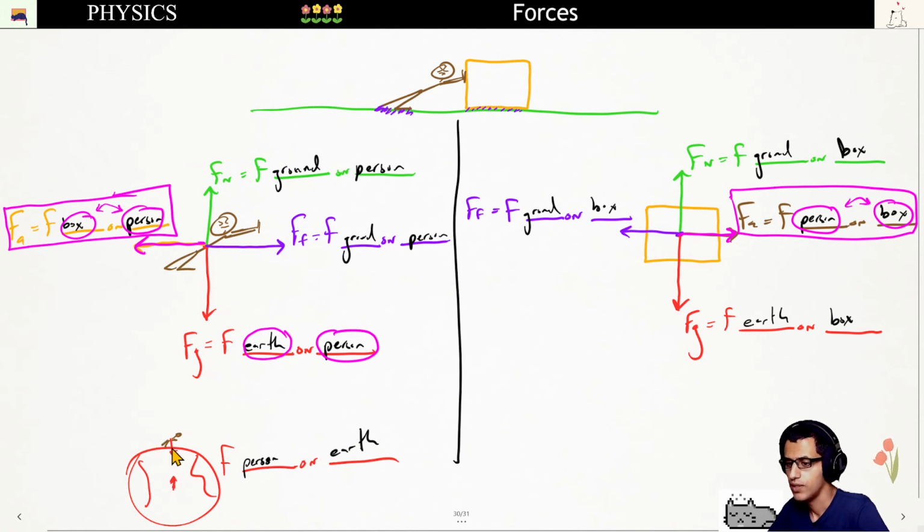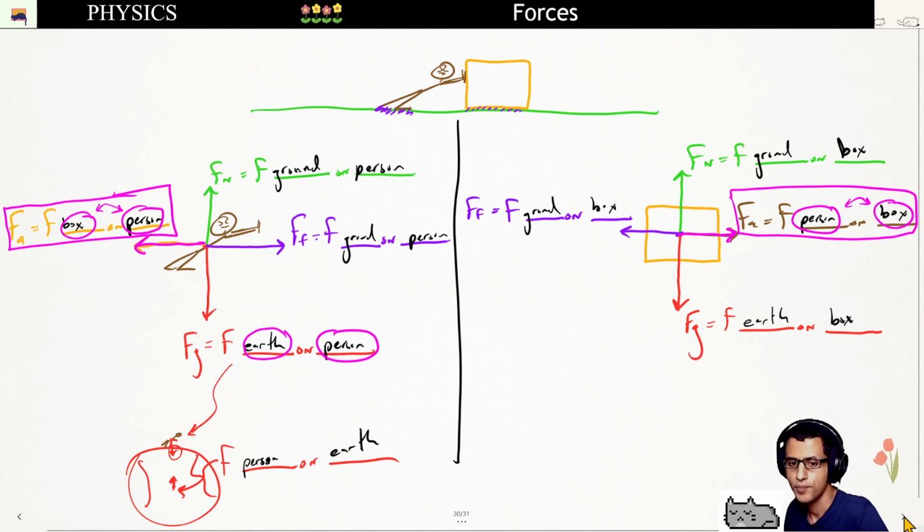But it's true. The person is applying an equal and opposite force on the Earth. The resulting acceleration of the Earth will be very minimal because the Earth is so massive. But that is still true. So force of person on Earth is this force here. Force of Earth on person is this force here. So that's an example of third law pairs.